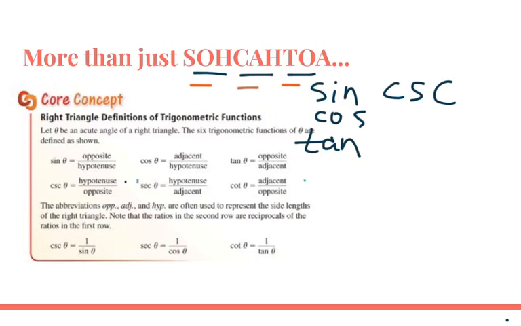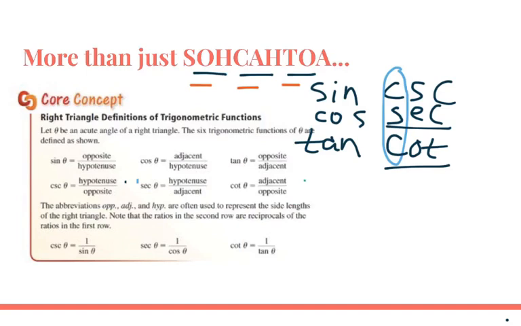So I write CSC next to sine, and then I'm going to do the exact same thing going down. I'm going to fill in the letter CSC right here, CSC. And then that helps me remember the other one. So what's the other one that starts with an S? Secant. What's the other one that starts with a C? Cotangent. So again, my little trick is write sine, cosine, tangent, and that in that order, that's usually how we say it out loud.